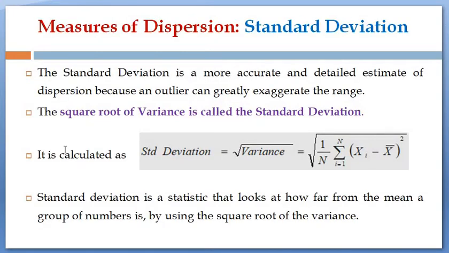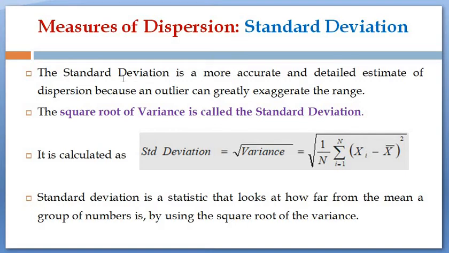Coming to the measure of dispersion, standard deviation. The standard deviation is a more accurate and detailed estimate of dispersion because an outlier can greatly exaggerate the range. The variance is calculated to show how our data is spread across the data points when the mean is considered, but several times it gives a wrong result.